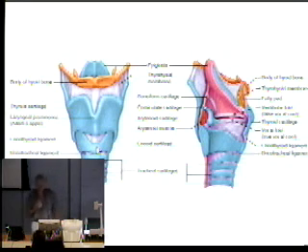Or if you can visualize it on the surface. We know the thyroid gland is just in this area because the thyroglossal duct came right down in front of the hyoid bone, and spread out into the two lobes of the thyroid gland.